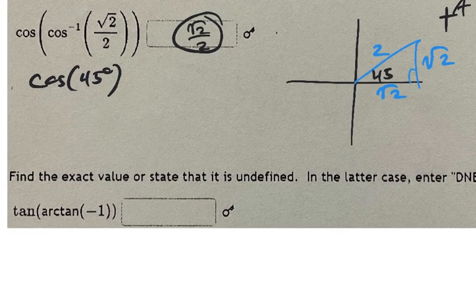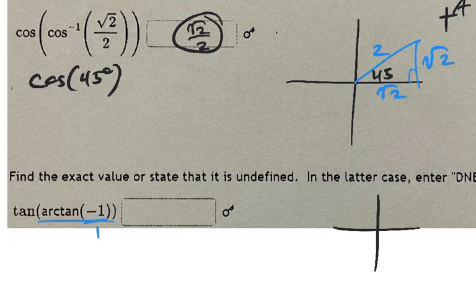Arctan is the same. Tangent of the arctangent of -1. So I'm starting here. That's -1 over 1. Arctangent is defined for quadrants 1 and 4. Because this is negative, I'm in quadrant 4.